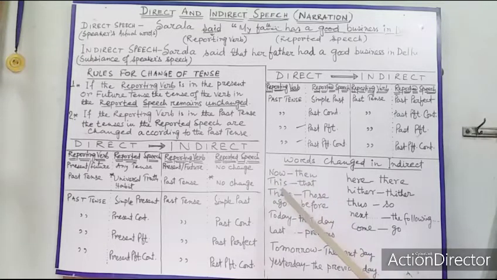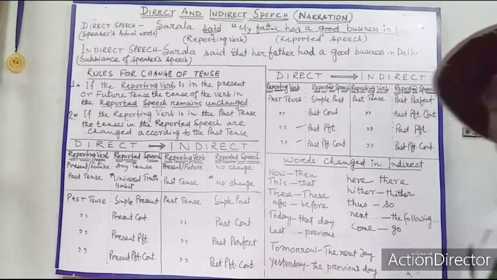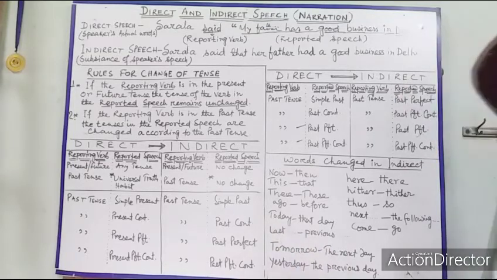This will be that, these will be those, ago will be before, today will be that day, last night, last week, last month will be the previous dash. That means previous month, previous day, previous week. The word last will be changed into previous, and whatever is written after last, week, month, year, you need to write it. Tomorrow will be the next day.